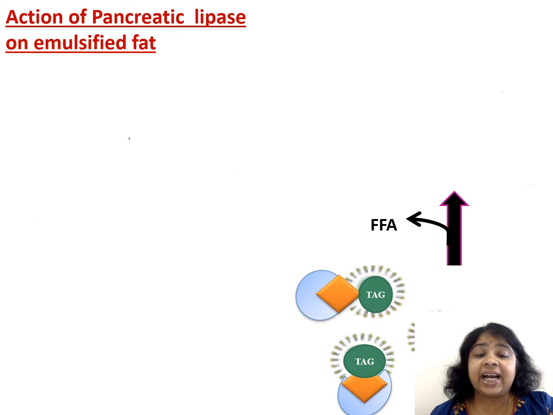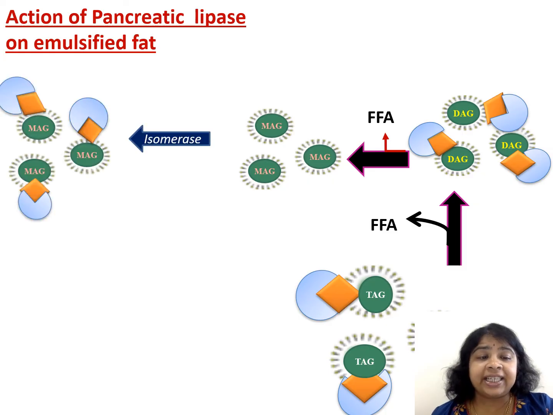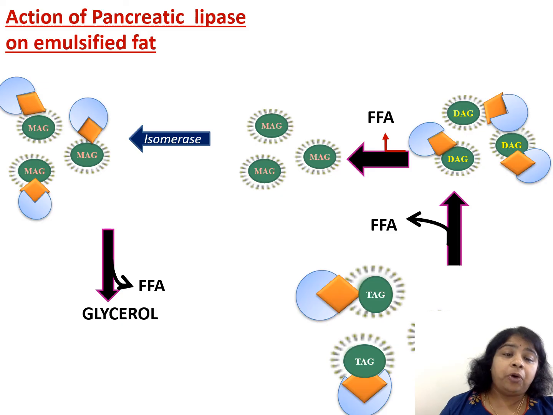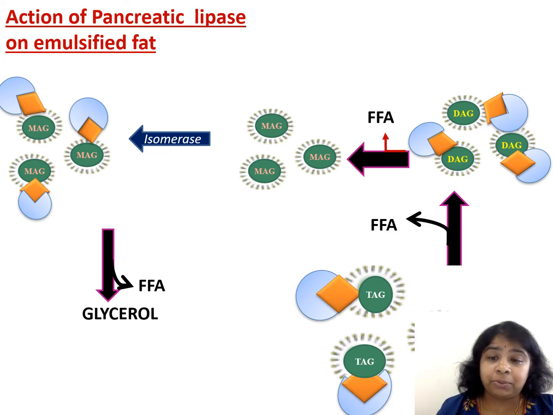Now by the action of lipase, again it is going to convert the triacylglycerol into free fatty acids and glycerol. But one thing to note here is that for conversion of 2-monoacylglycerol to 1-monoacylglycerol, we require isomerase.